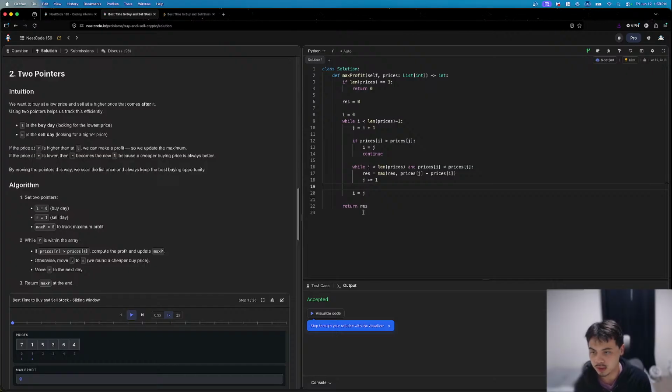If the right price is higher than at L, we can make a profit, so we update the maximum. If the price at right is lower, then R becomes the new L because a cheaper buying price is always better.